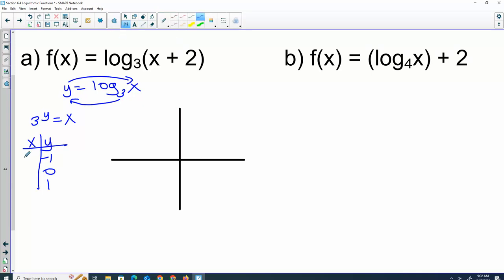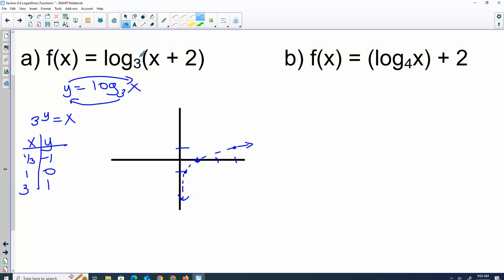So 3 to the -1 is 1/3. 3 to the 0 is 1, 3 to the first is 3. 1/3, -1; 1, 0; and 3, 1. It's my parent function, so I'm going to make it dashed.